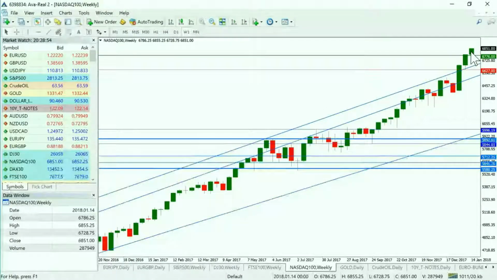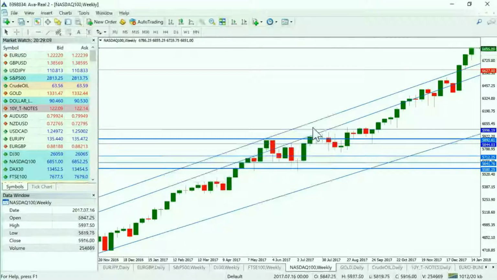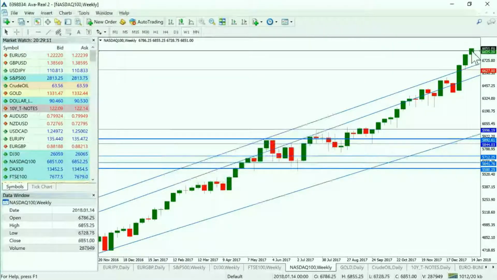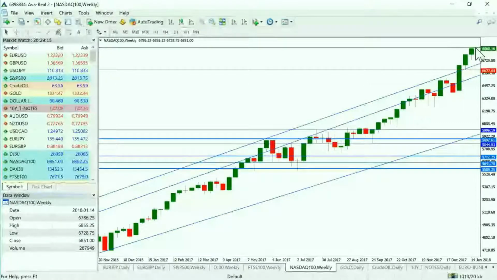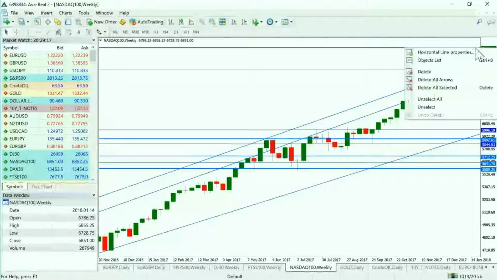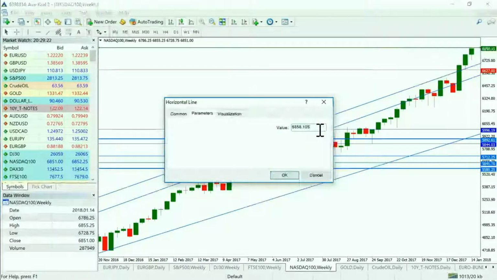So let's have a look at the highs of 68.55. I'll put these in. So put that level in there, and just to the downside, sorry, let me just do this again. 68.55.